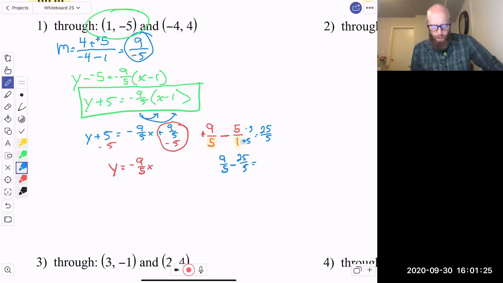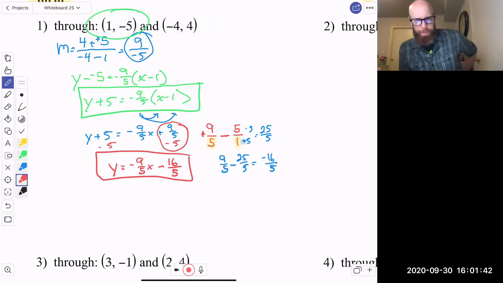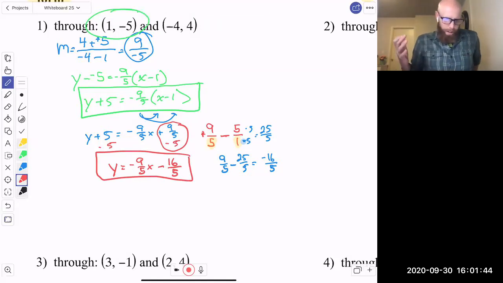If I take 9 minus 25 on the top, it gives me -16 over 5. That's what we plug back into this equation, -16 over 5. That is done, and we are done with the slope intercept one. We got point slope, we got slope intercept.